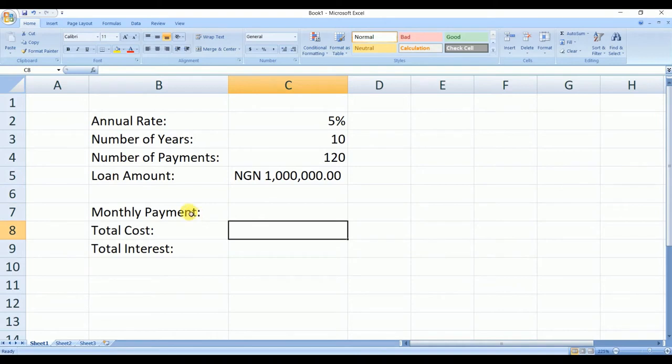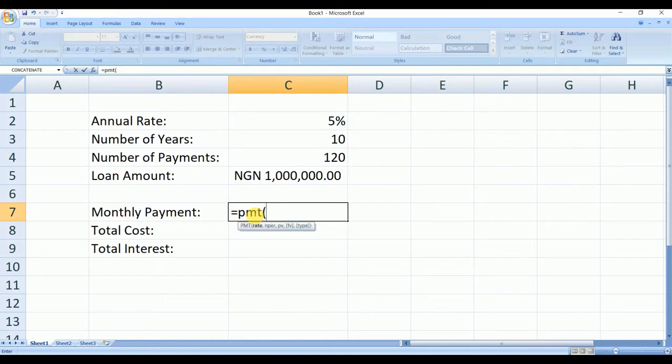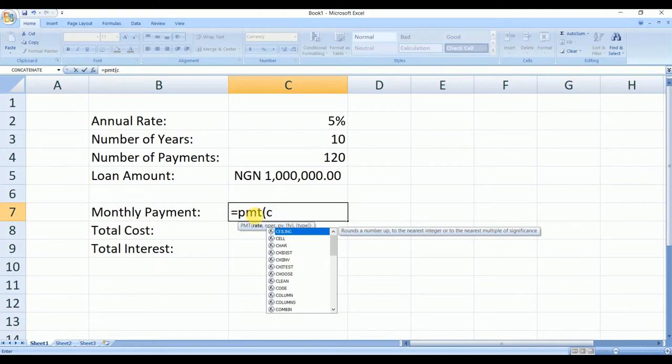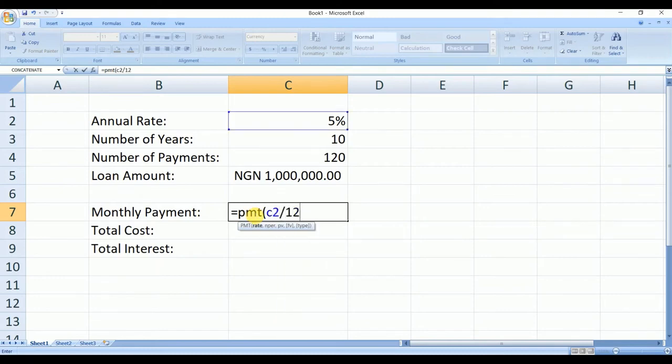So then we now move over here. To calculate the monthly payment, what we'll do is to click on this cell and type equal to, we use the PMT function. Then the monthly rate will be the annual rate divided by 12. So we have C2 divided by 12. Then the number of payments that we'll make is already shown in cell C4.